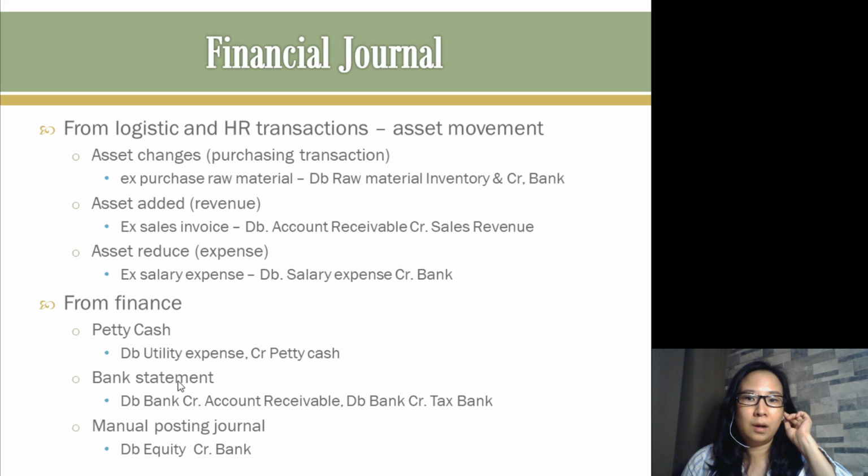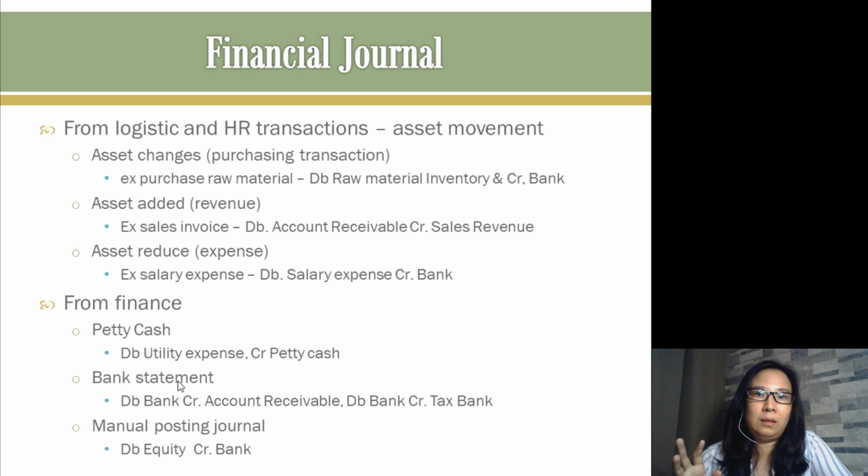The third transaction from the finance is when we do the manual posting journal. It's possible that we have a kind of transaction that is not posted from the logistic or HR transaction, because that transaction only happens occasionally. For example, when the owner wants to withdraw money from the enterprise.